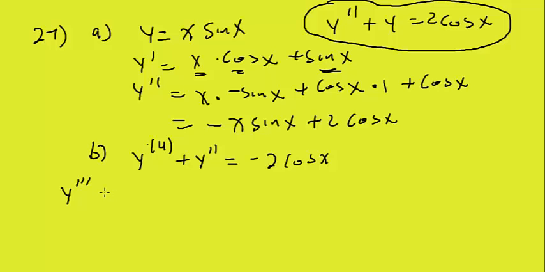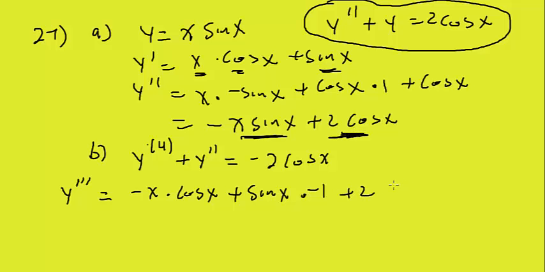So the third derivative is the derivative of that, which is first times derivative of second plus second times derivative of the first, and then derivative of that, which is 2 times negative sine x. Clean this up, so I have a negative x cosine x, and then that's negative sine x and negative 2 sine x, which is negative 3 sine x.